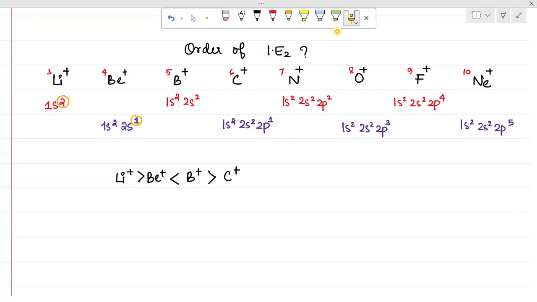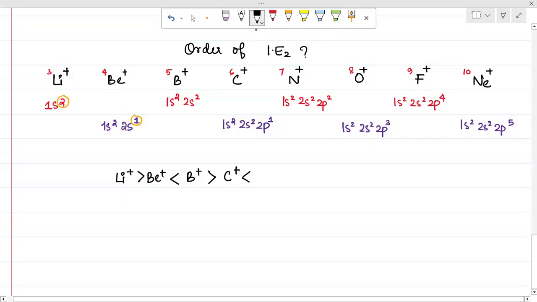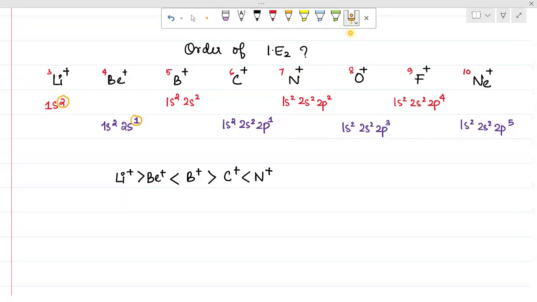Configurations are also not half filled or full filled. So the next one will be effective nuclear charge. As we know, from left to right, effective nuclear charge increases. So if effective nuclear charge increases, it will be bound more closely to the nucleus and hence difficult to remove the electron. So N plus. Next is oxygen. Oxygen plus is half filled. This is only 2p2. So O plus.